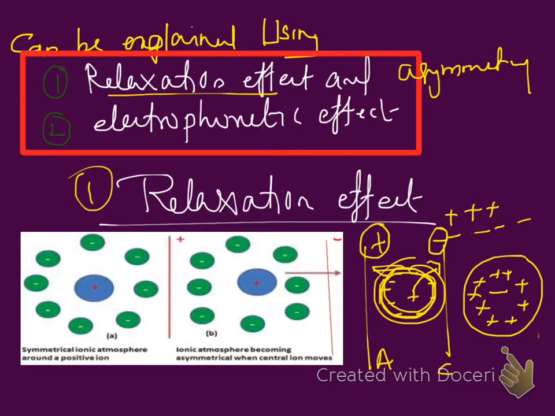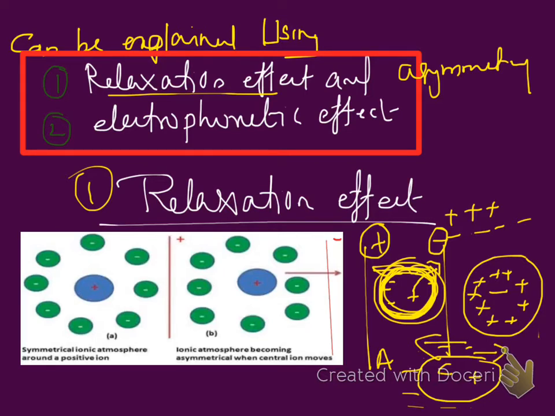So by applying the electric field, the symmetry of this charge cloud is completely disturbed. The symmetry of the ionic atmosphere is completely disturbed. Then it becomes like this. Positive charge moves towards this end and negative charges move towards this end. They will move in this direction and the positive charge in the opposite direction.